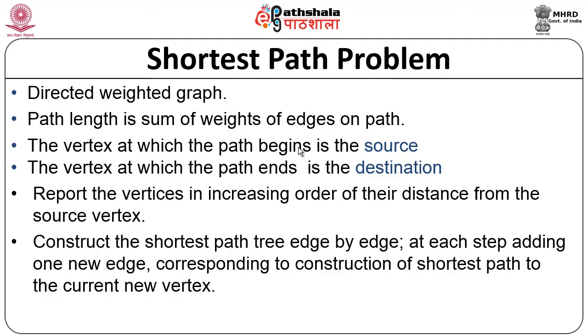So, in increasing distance from the source, you will report the vertices. Actually, when you say shortest path, you are giving a list of vertices. So, construct the shortest path tree edge by edge. At each step we are adding an edge corresponding to the construction of the shortest path to the current new vertex. So, from every vertex you start from the source, you go to the next vertex, from that vertex you take the shortest, from the next vertex you take the shortest and so on.